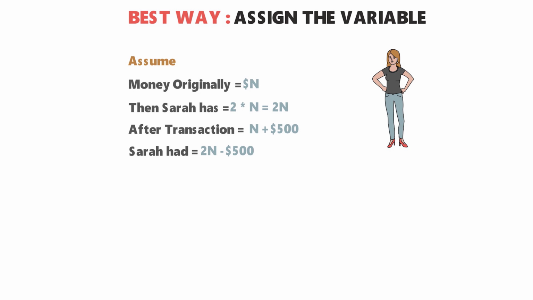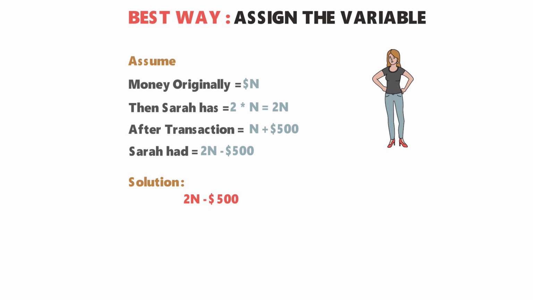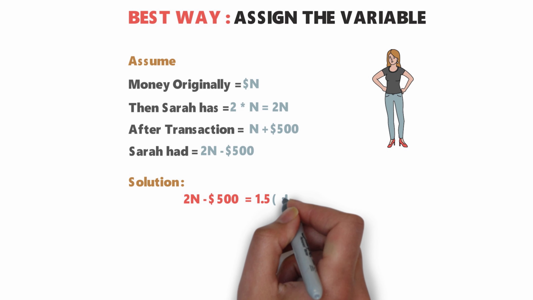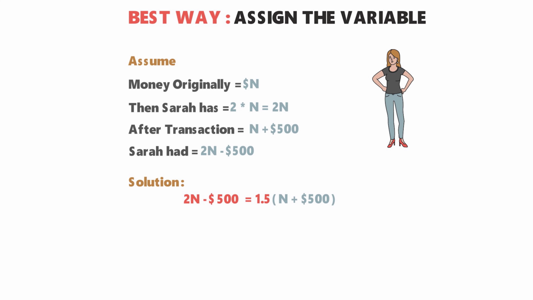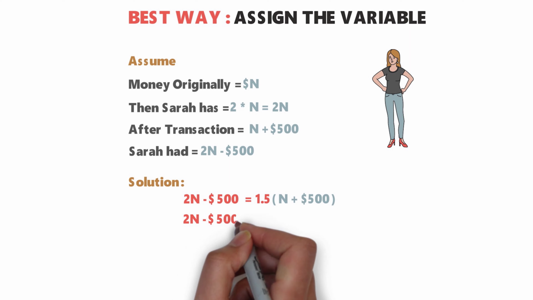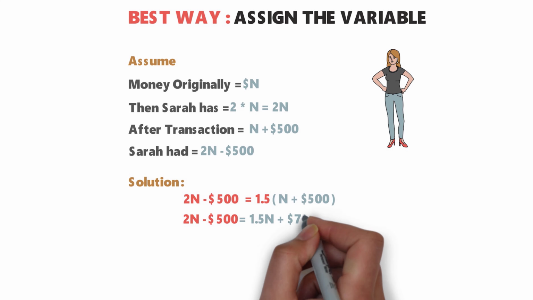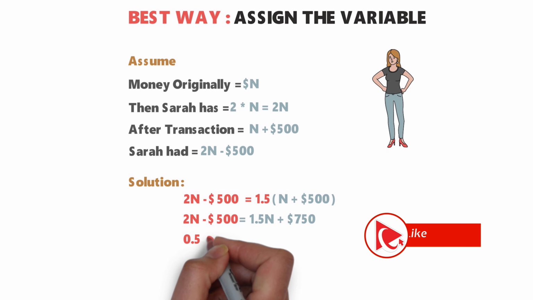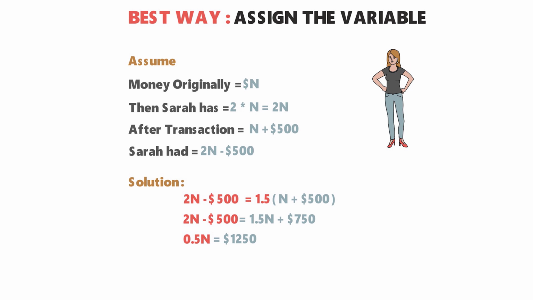Based on this information, we can build an expression. 2N minus $500 equals 1.5 multiplied in parentheses N plus $500. Let's go ahead and simplify this expression. We will get to the result of 2N minus $500 equals 1.5N plus $750, which means that 0.5N equals $1,250.